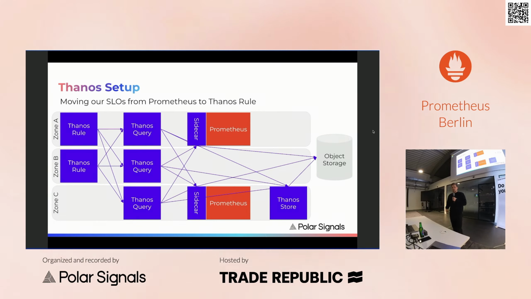By doing that, we also had to move some of our SLOs that were across 4 weeks from Prometheus into the Thanos ruler, just so that we could actually query over 4 weeks' worth of data, because Prometheus only had 3 days left at that point.